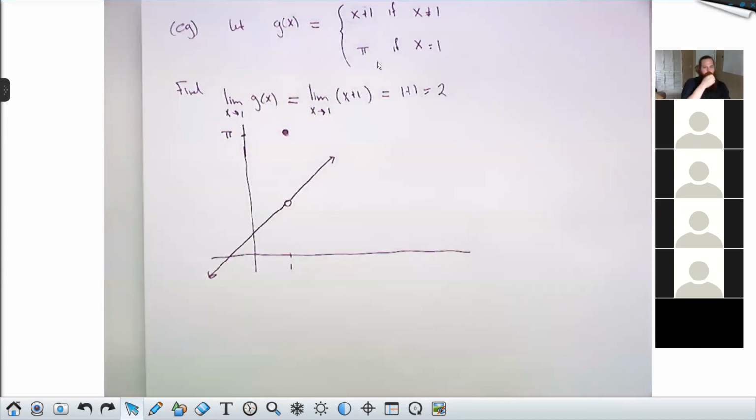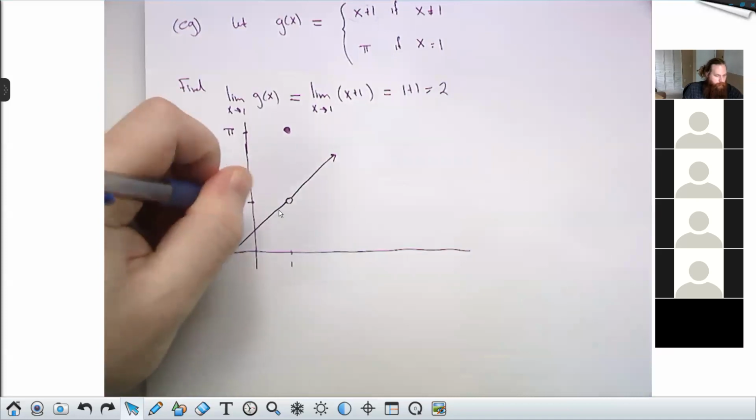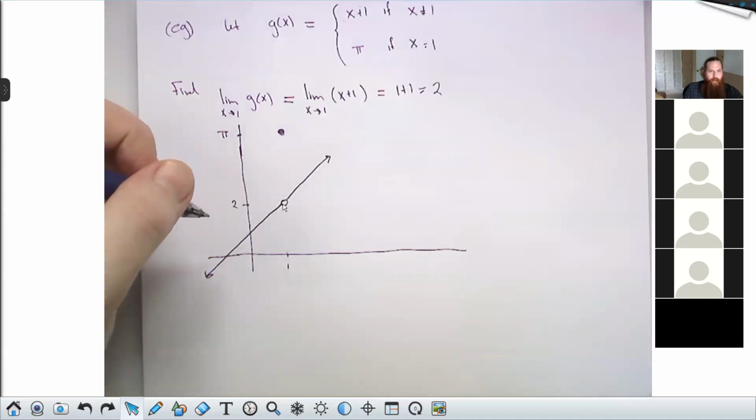So this is the graph of g of x. And again, I don't care about what happens exactly at 1. I just care about what happens nearby. If I was walking along this graph, getting closer and closer to having x coordinate 1, my y coordinates would be getting closer and closer to 2, even though the value of the function at 1 is way up there at pi.